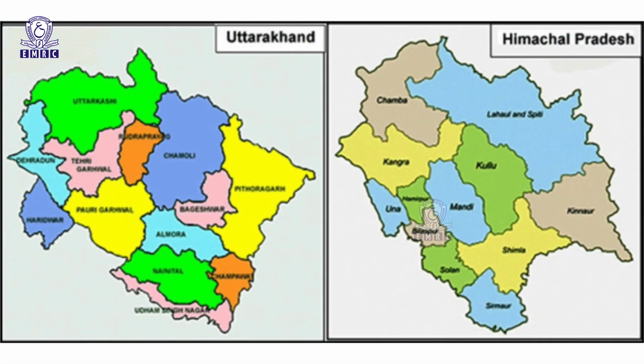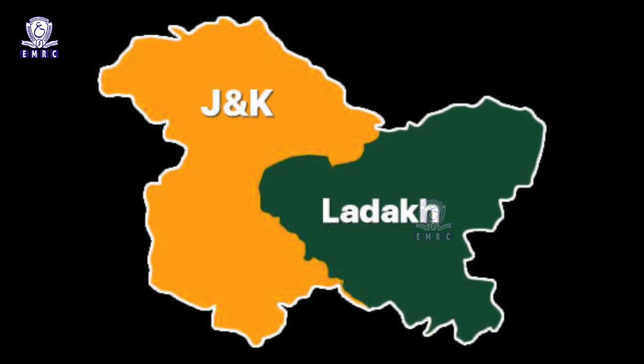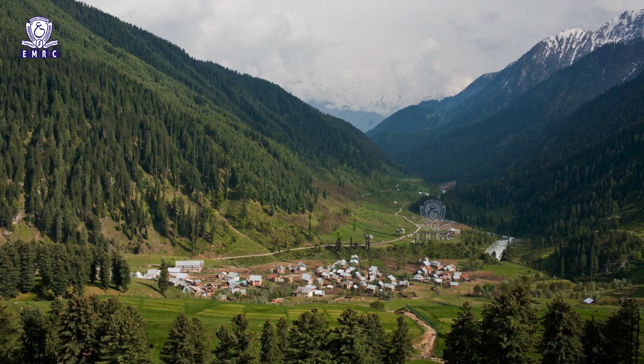Himachal Pradesh and Uttarakhand are parts of the northwestern Himalayan region and have very little level land to support high population density. Jammu and Kashmir have vast areas devoid of population. Only some parts of Jammu region and Kashmir Valley are thickly populated.